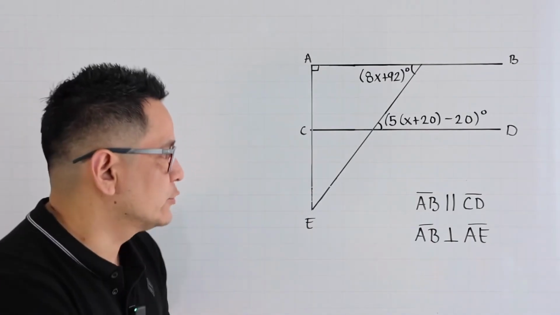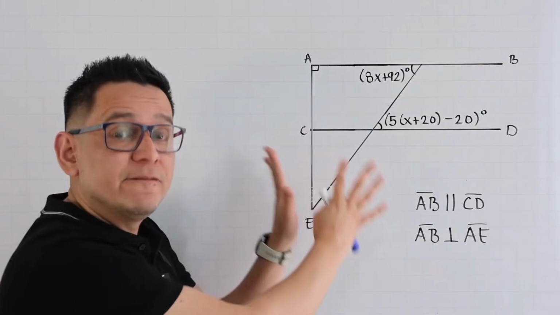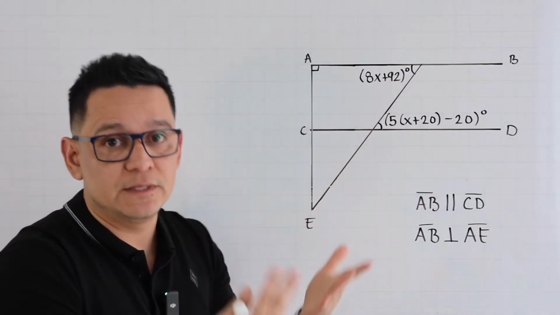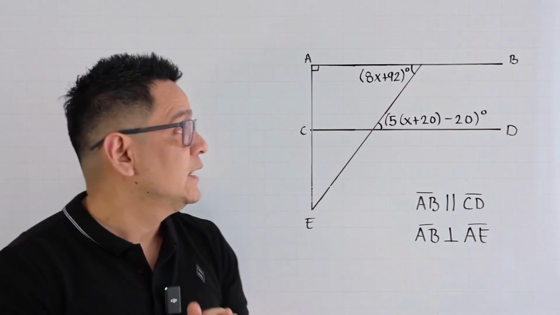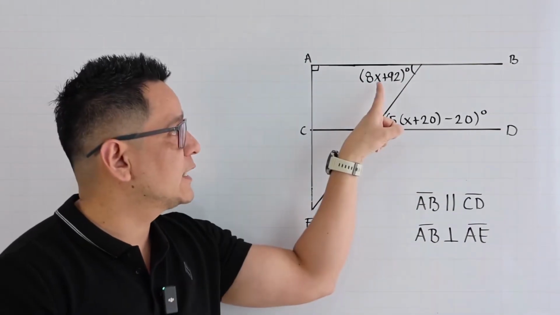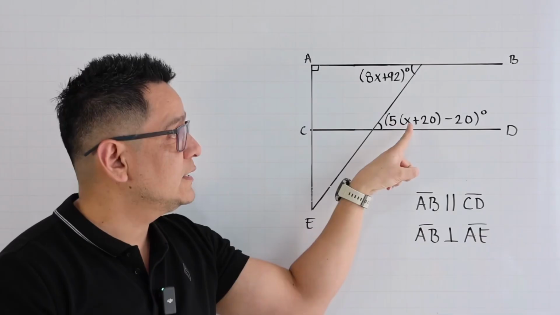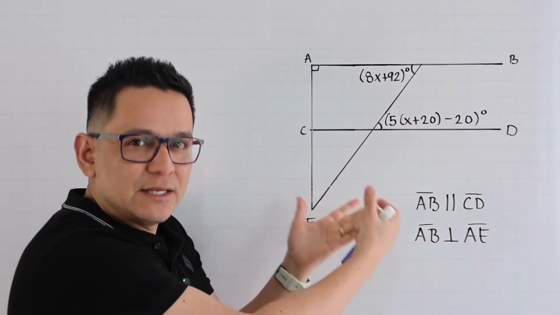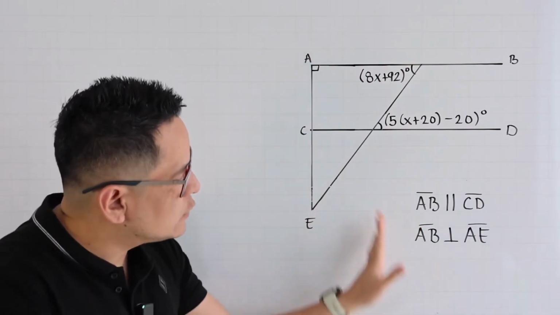Look, here. Even though we have a lot of information, we have to focus on the data they're giving us and, obviously, on what they're asking us for. In this case, once again, we have to calculate the measure of this angle and this other angle over here. But before I focus directly, I am going to explain what this means over here.